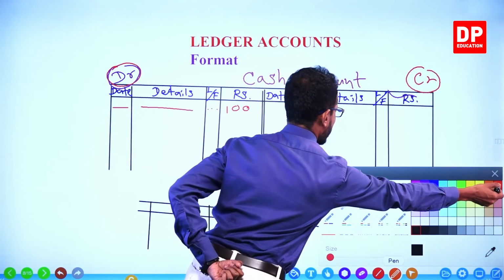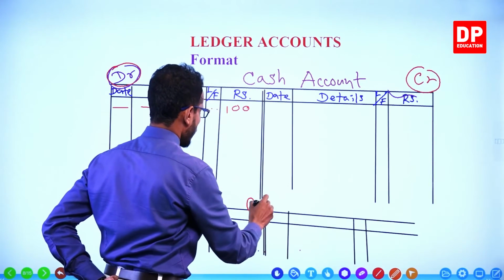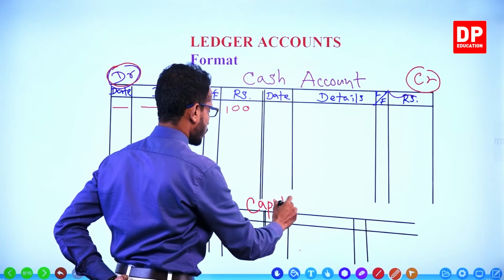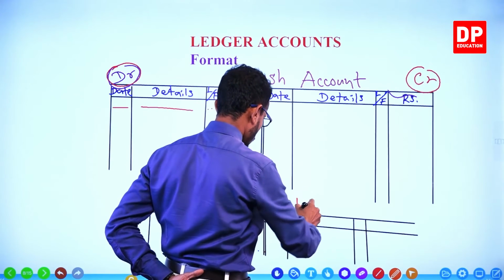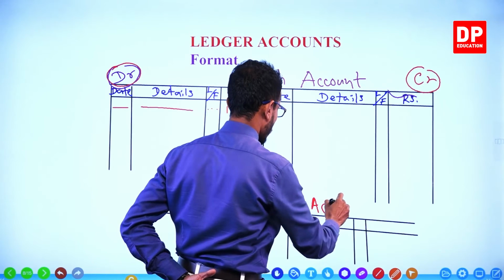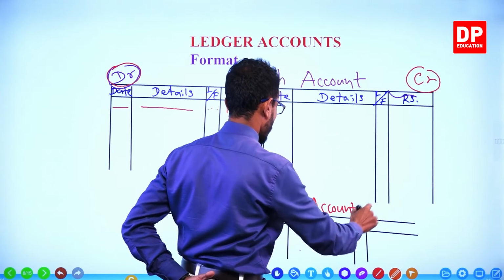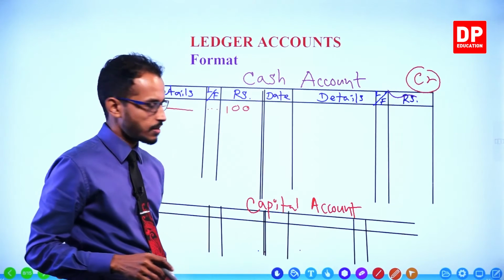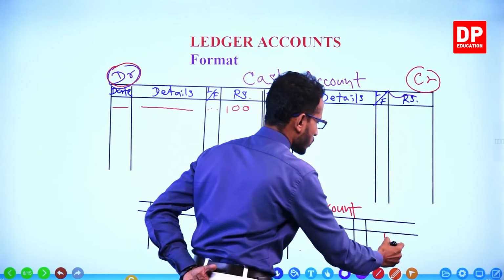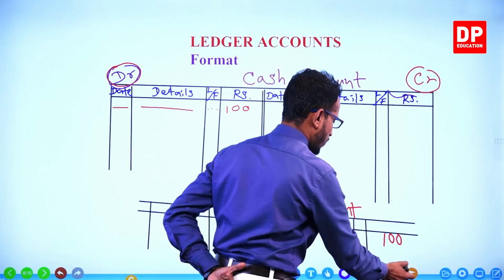You name the account as capital account, and put to the credit side this 100 in the value column.